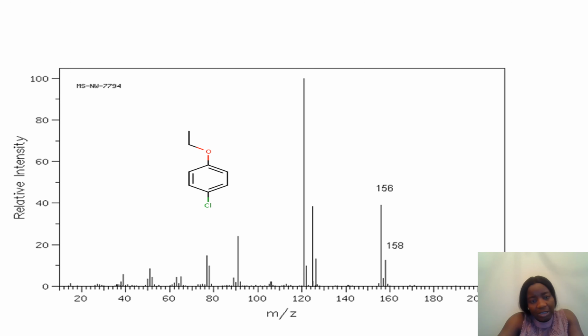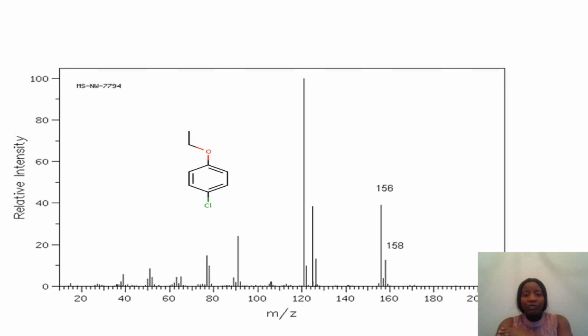That's why you can see we have chlorine right here. And we were trying to see what fell off between here and here, and we found out that the mass that fell between here and here was 30. That is the molecular mass of CH3, CH2. That's why you can see here we have a CH3, and then here we have a CH2.